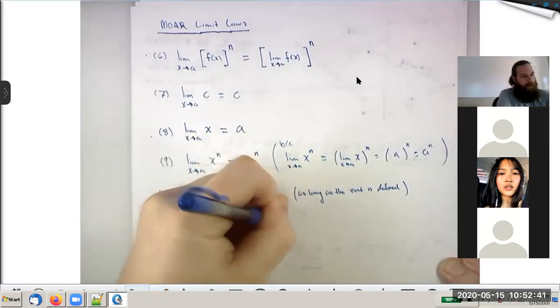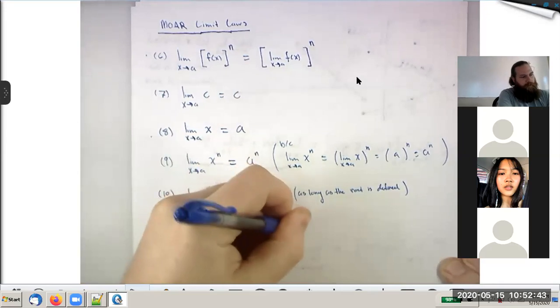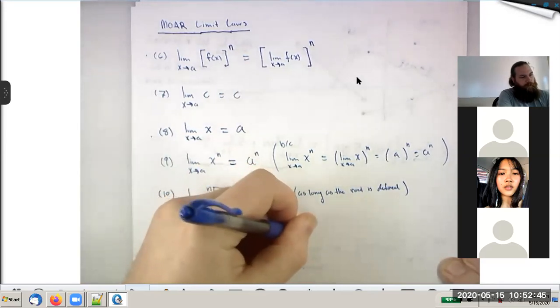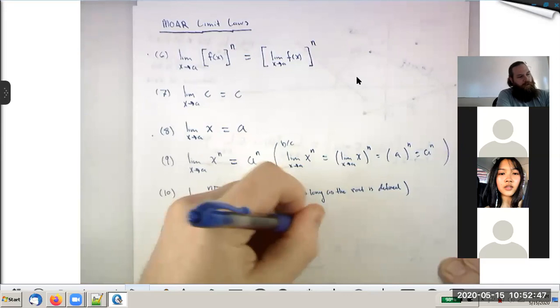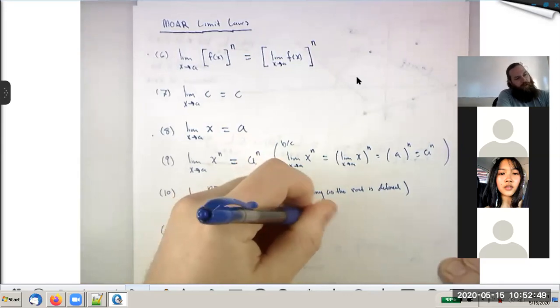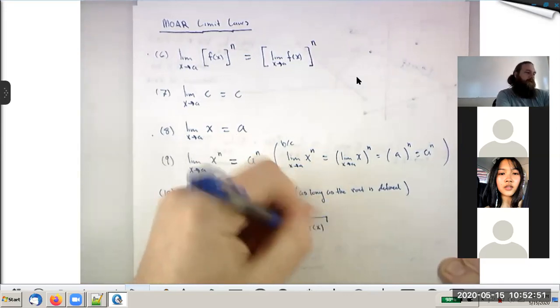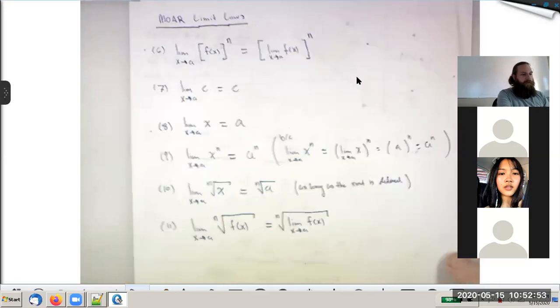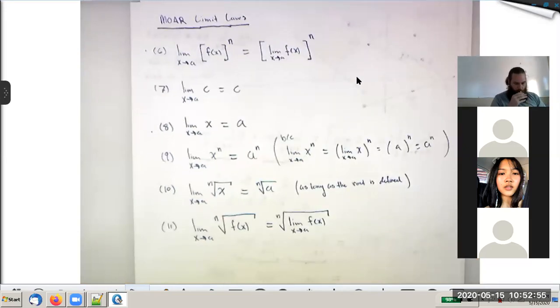That will be the nth root of the limit of that function, as long as, again, the root is defined. Okay.